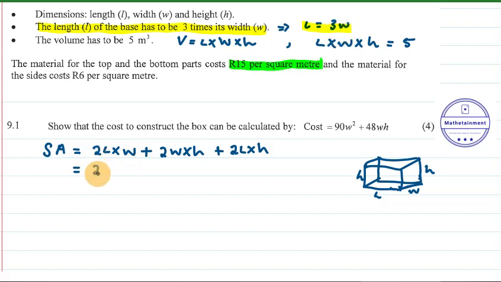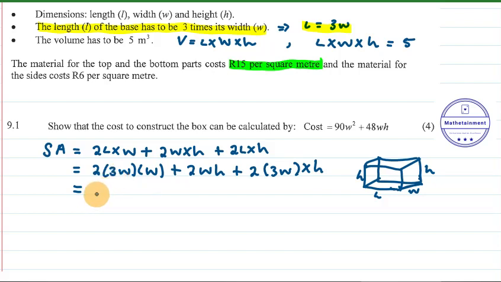So instead of L, you put 3W times W, plus, you bring this as it is, WH, plus, instead of L, we replace it with 3W. So it is 2 times 3W times H. So 2 times 3W, you get 6W.